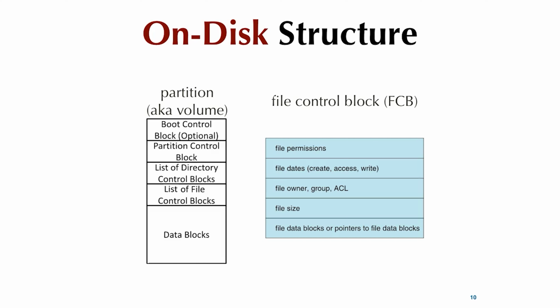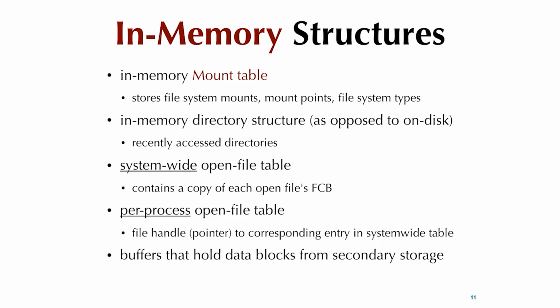So the directory structure is one, and then it has the list of these directory control blocks, and sometimes they call it D entry, I think at least in the previous editions; this edition I still have to look. But the FCB, file control block, has the permissions, the date, owner, group, access control list, size, and blocks or pointers, so where the file data actually resides.